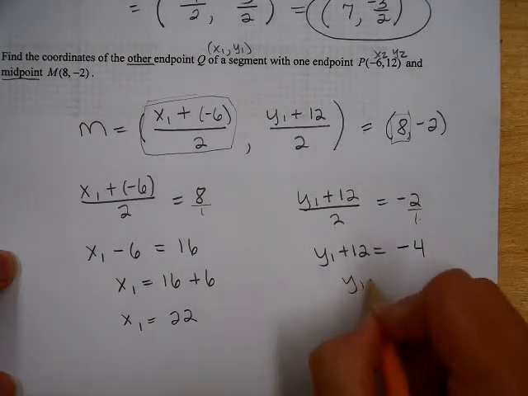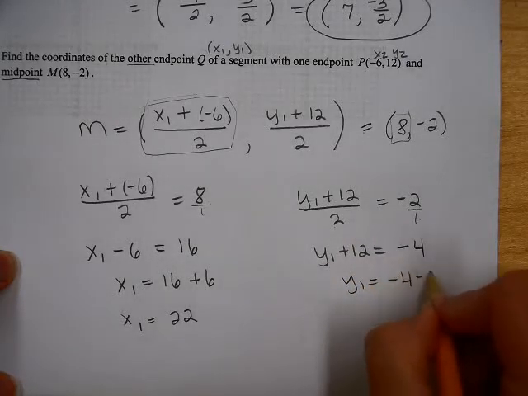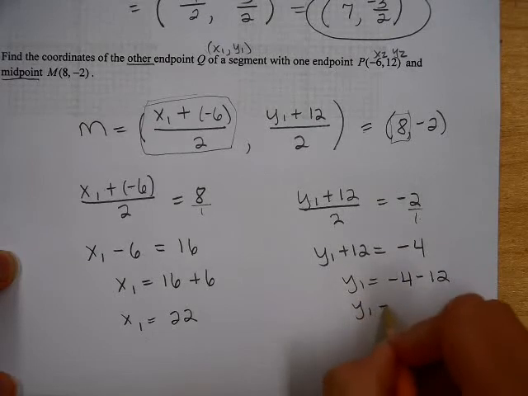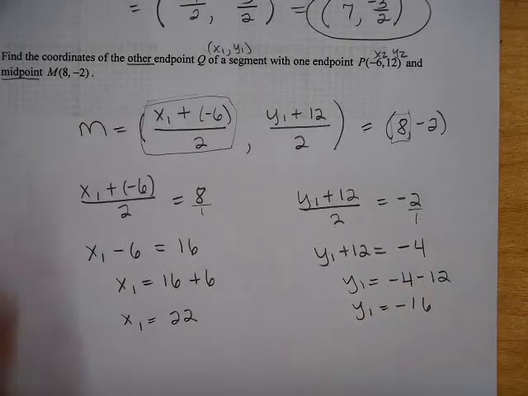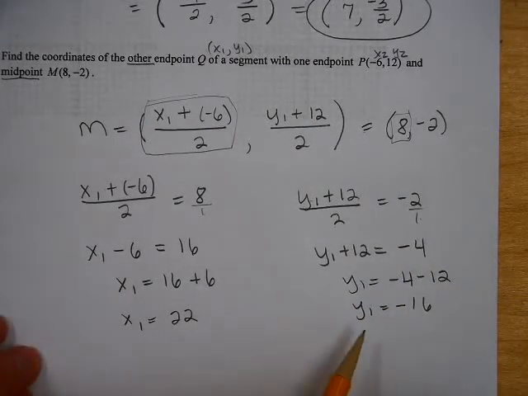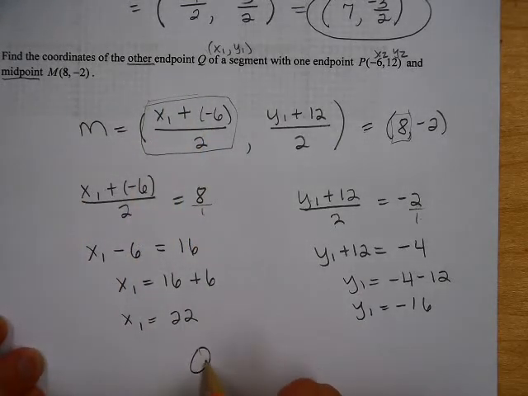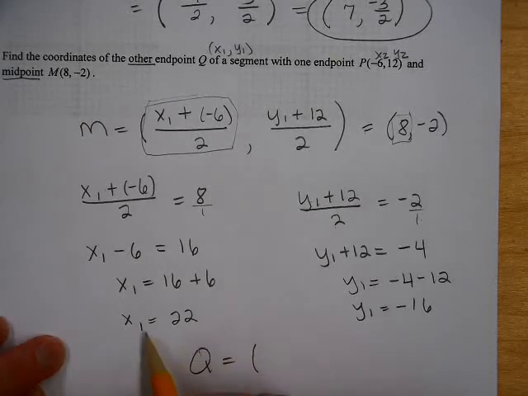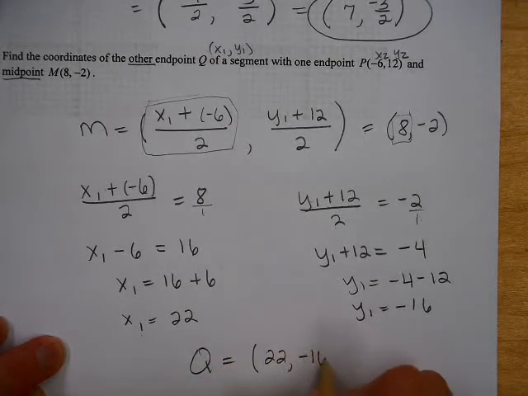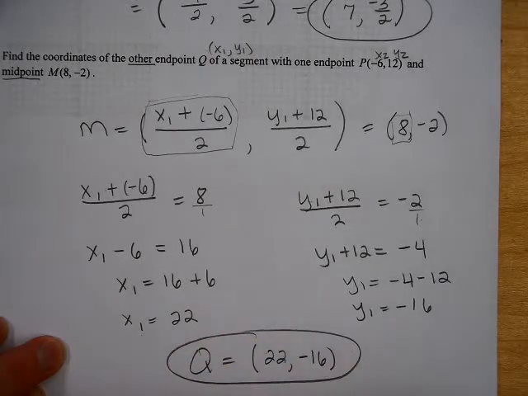Subtract 12 from both sides, negative 4 minus 12. So y1 equals negative 16. Now I need to put these together to form my point Q. So the answer is Q is, remember the x value always comes first, (22, -16). That is our answer for Q.